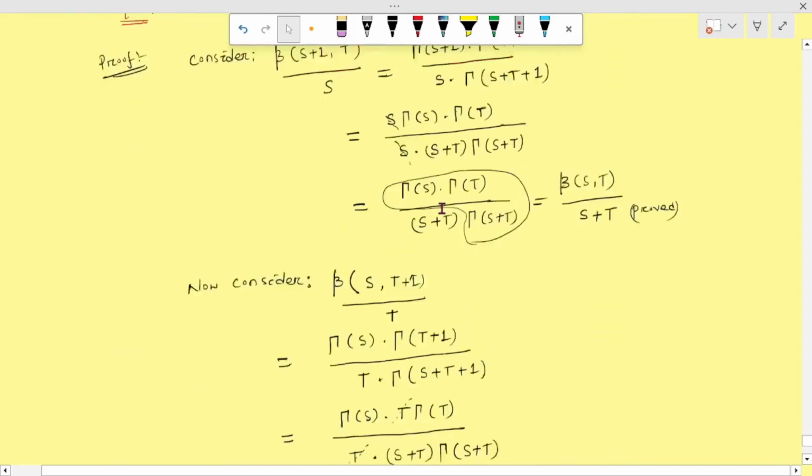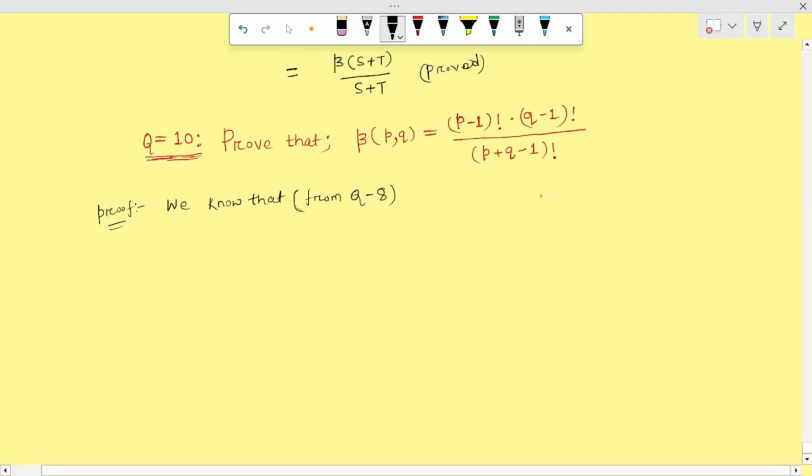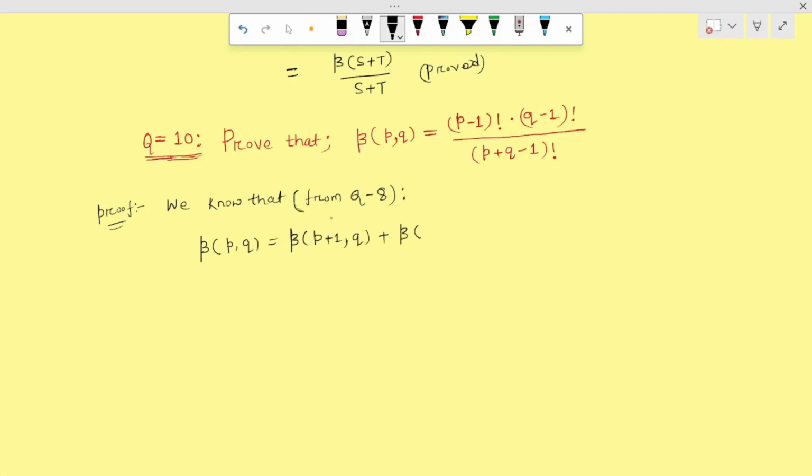So previously, or directly, we can write, just for your reference, from question 8: beta(p, q) is equal to beta(p+1, q) plus beta(p, q+1).